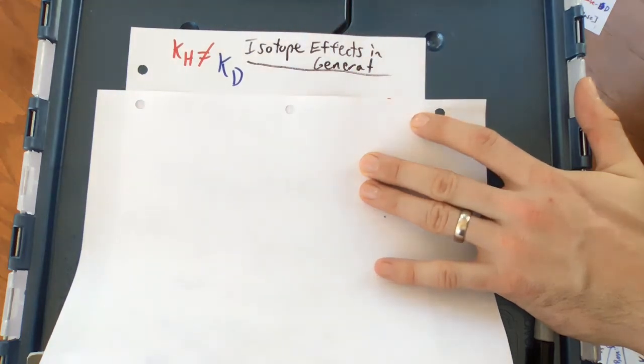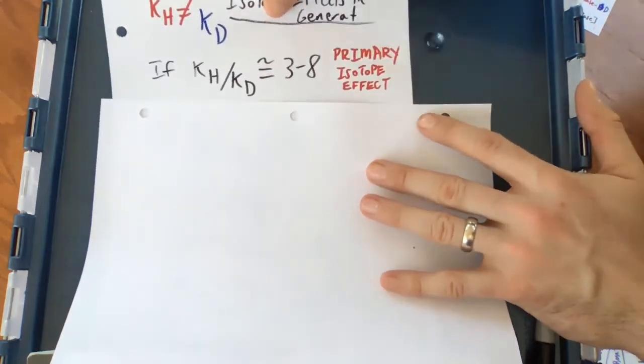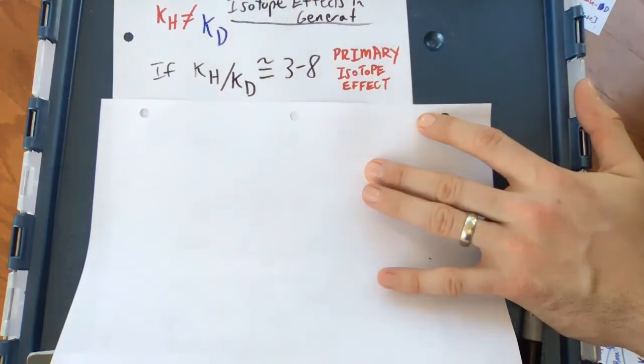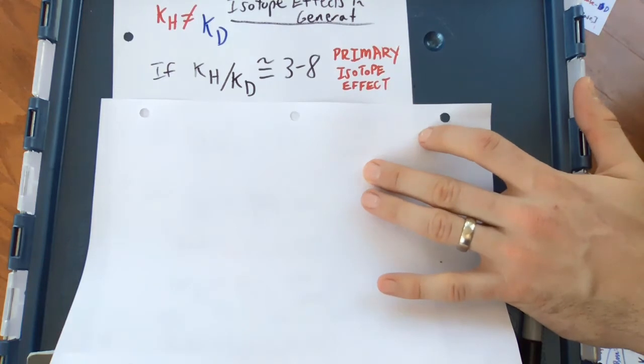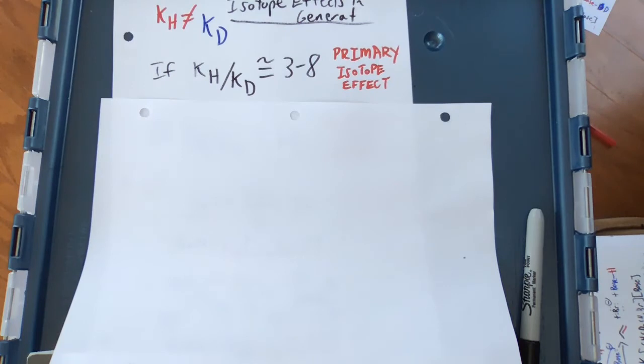So we can actually find out a lot of really cool mechanistic information from this, because if KH over KD, so the ratio, is between 3 and 8, we call that a primary isotope effect. And a primary isotope effect indicates that the CH bond being broken, which was in this case the CH bond during deprotonation from the base, that step is the slow step in this reaction.